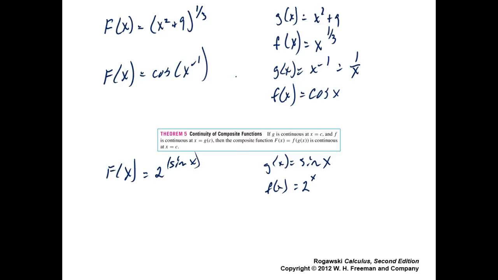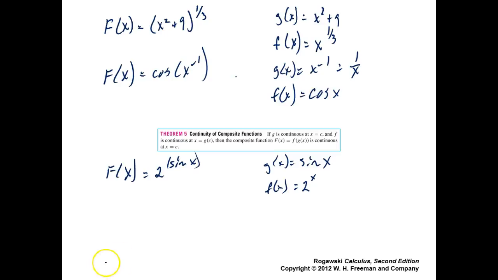Since the basic functions are continuous on their domains, an elementary function is also continuous on its domains by the laws of continuity.